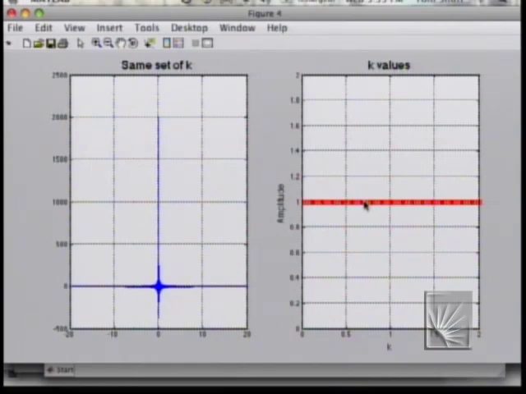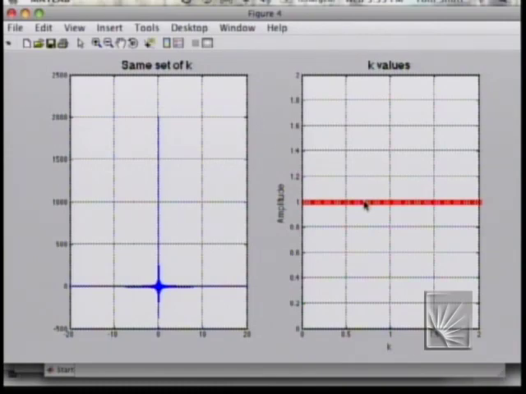I used the exact same code. If I asked you to do this by hand, you'd be sitting there calculating a lot. All of the wiggly waves canceled everywhere out here, remarkably. And I got this spike at the origin. So if I take a very, very broad set of k, I got a spike in x. So that's the limit of this statement.